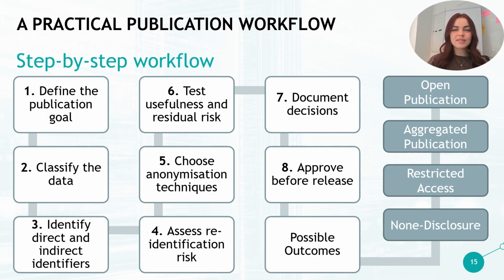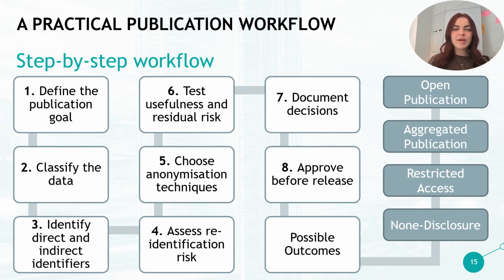This workflow brings together the whole course so far. Start with the purpose of publication. Then classify the data and identify direct identifiers, indirect identifiers, also called quasi-identifiers, and sensitive attributes. Assess whether people could still be identified through uniqueness, linkage, or inference. Choose techniques such as suppression, aggregation, or generalization, and then check whether the result is still useful and whether the remaining risk is acceptable.